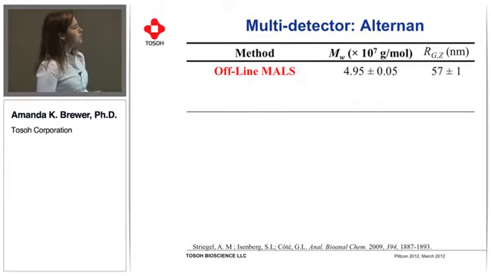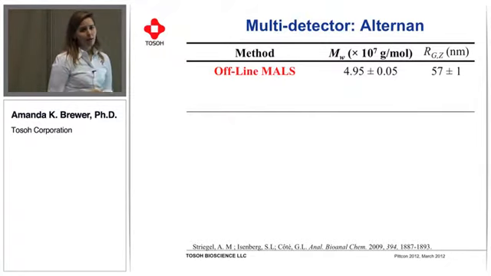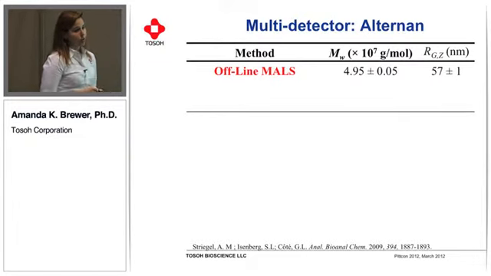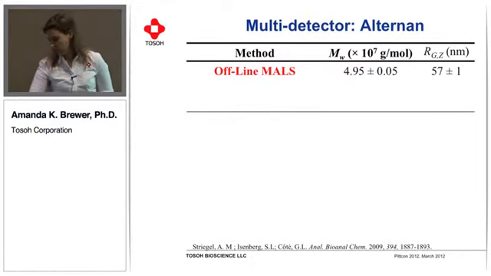Just like I mentioned before, we do offline analysis first. Offline analysis has a molar mass around 5 times 10 to the 7th. It's a pretty big polymer as far as molar mass goes, and the radius is about 57 nm, according to offline analysis. Now remember, offline analysis has no type of separation.